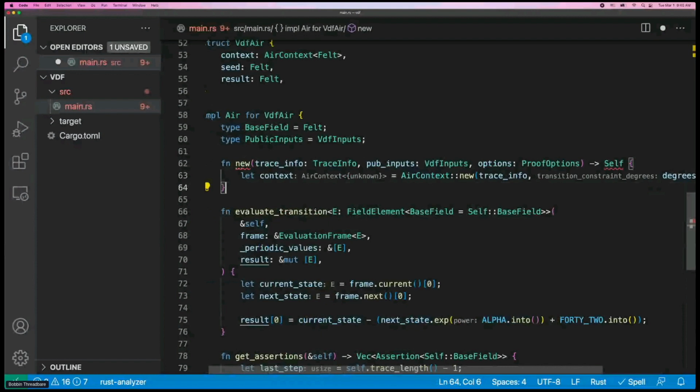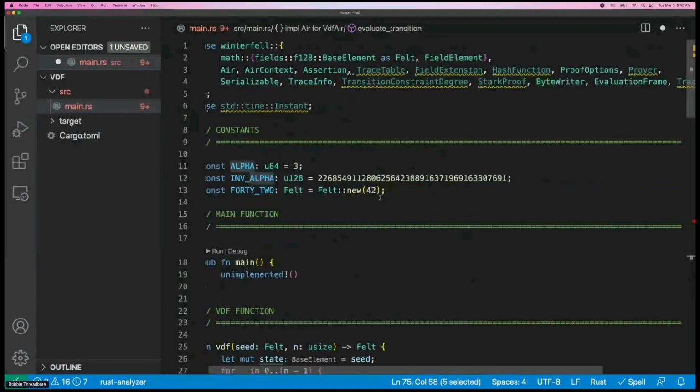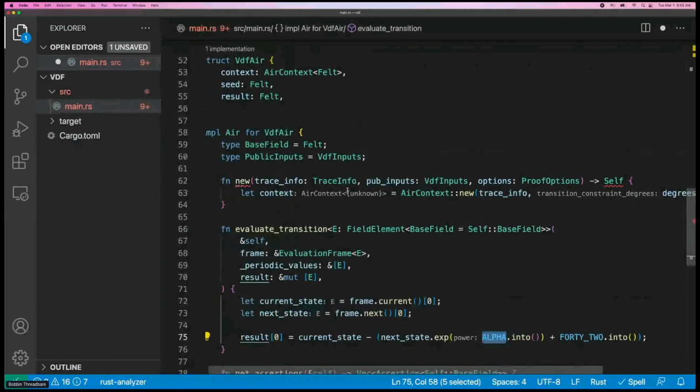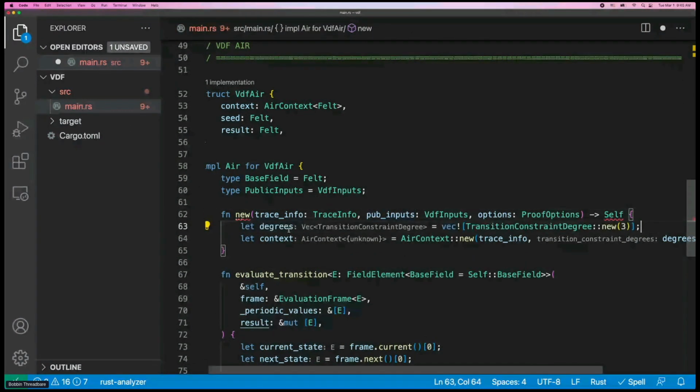In our case, if you noticed in our description of constraints, we're raising next to the power alpha. Alpha in our case is 3, so our constraint degree is going to be 3. So we need to create this degrees vector that we pass into the context, and we create a transition constraint degree of degree 3. Okay, now that we have the context, everything else is fairly straightforward. We just create the struct.